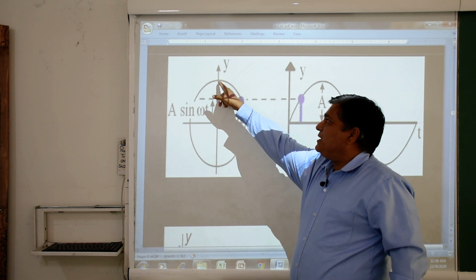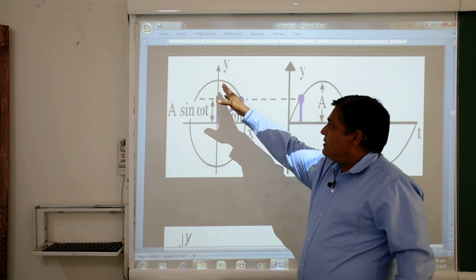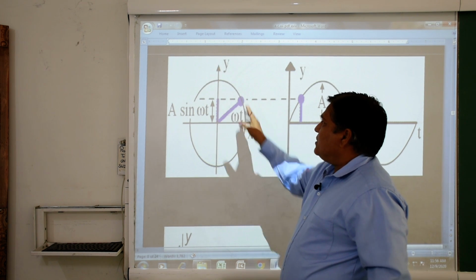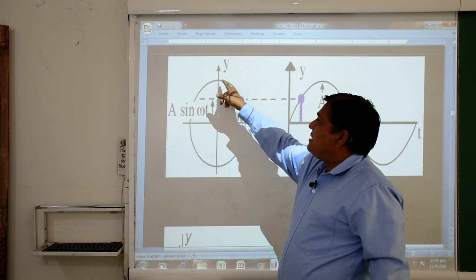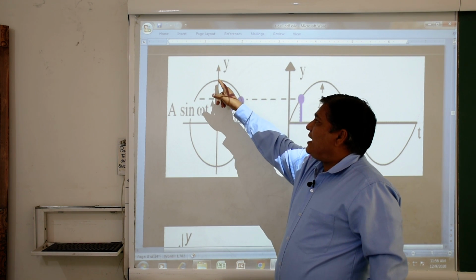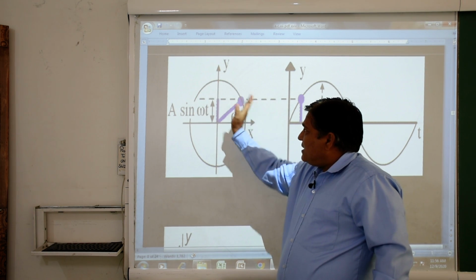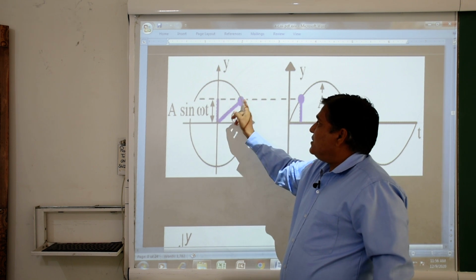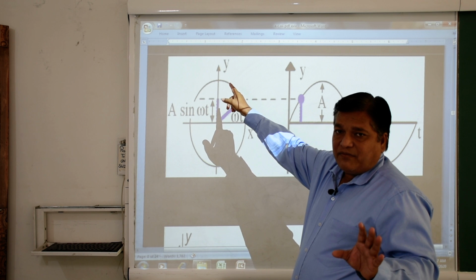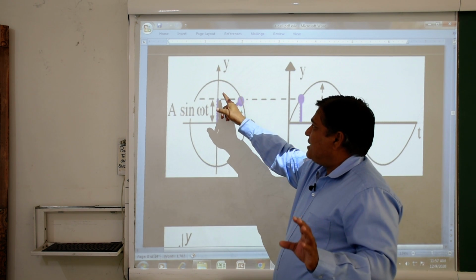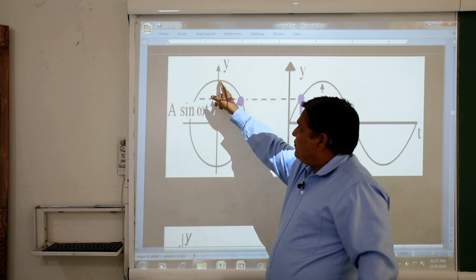When it reaches here, that is 90 degrees, pi by 2, the time started from t equal to 0, and here time will become T by 4, and the phase made by the EMF will become pi by 2. So, here the EMF value will be maximum, that is the positive value E naught. We can consider it V naught also for voltage.